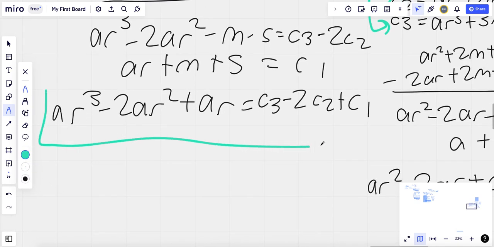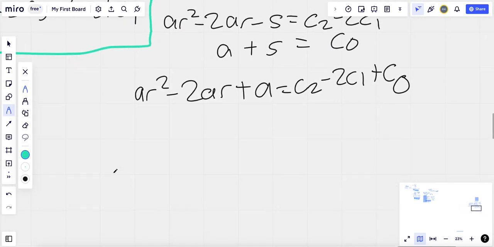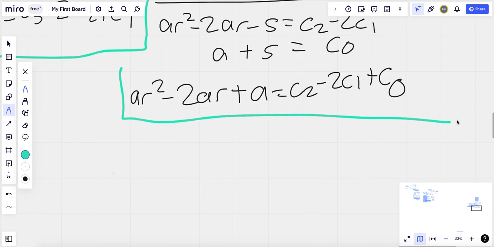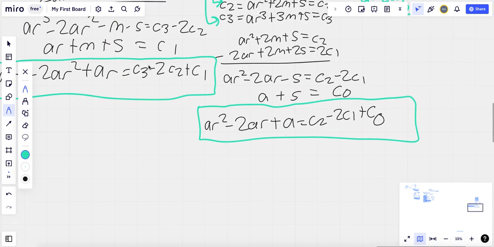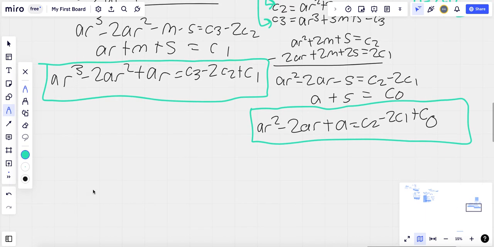So we have this equation, and we have this equation. And if we look at these two equations, we see there's something very similar about them. Because if you were to multiply this one right here by R, you get AR cubed minus 2AR squared plus AR, and then R times this.